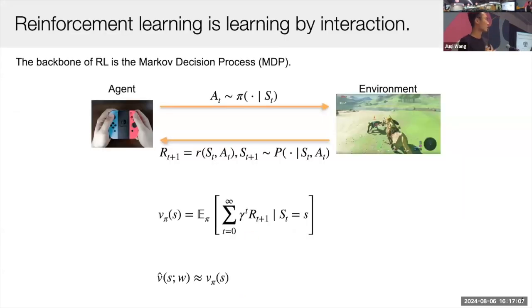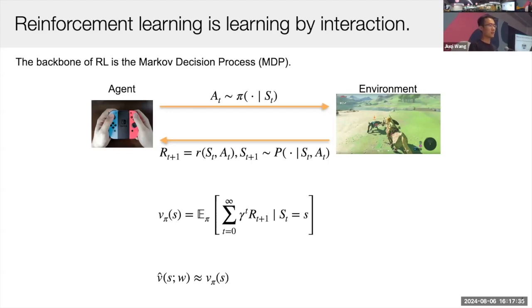So yeah, I know in the audience, many of you have seen this interaction at least 5 times, but I still want to present the background of reinforcement learning. Reinforcement learning is basically just learning by interaction, and the backbone of RL is the Markov decision process, where you have an agent that implements some policy that maps from states to a distribution of actions.